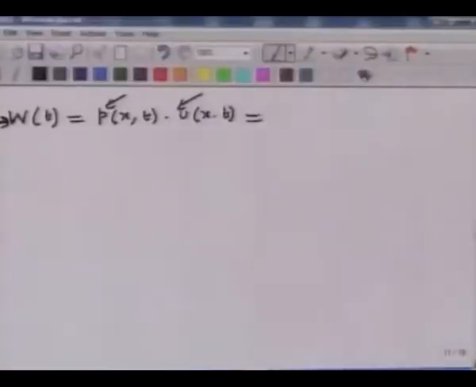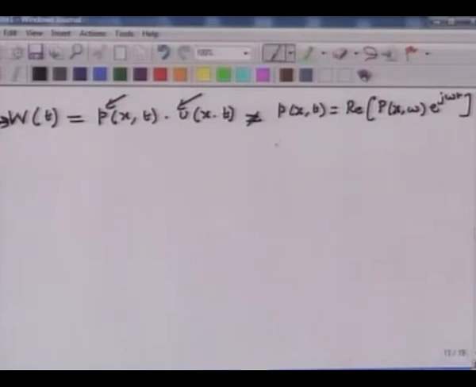So I expand this. I know that P(x,t) is real component of P(x,omega) e^{j omega t}. Similarly, Q(x,t) equals real component of U(x,omega) e^{j omega t}.